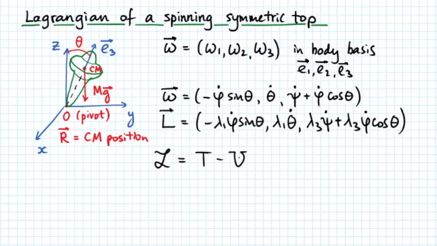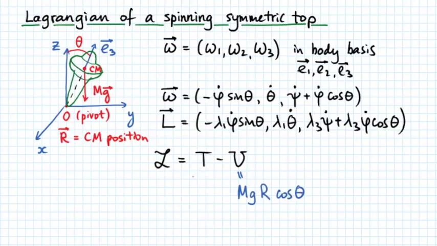We know that potential energy is simply given by mg times r, the distance to the center of mass, times cosine of angle theta.